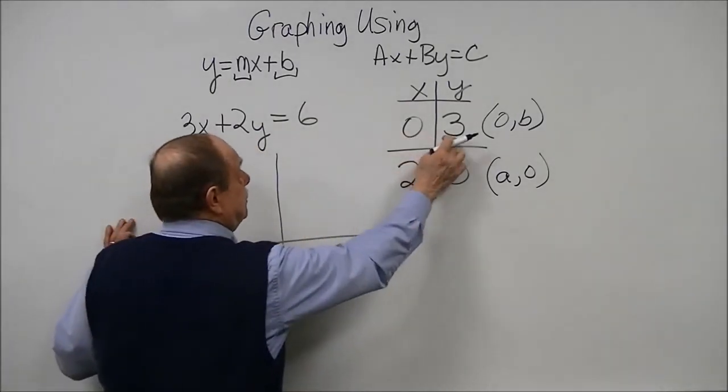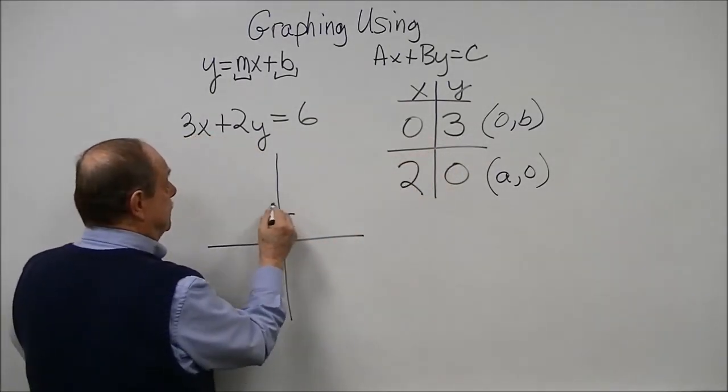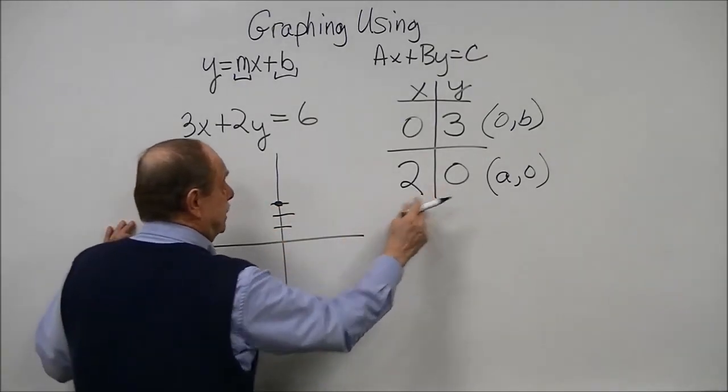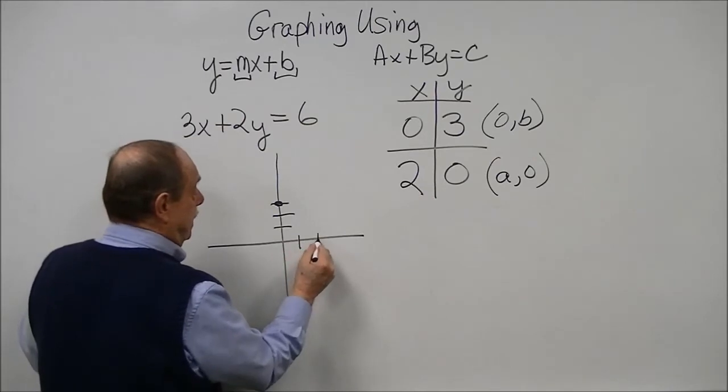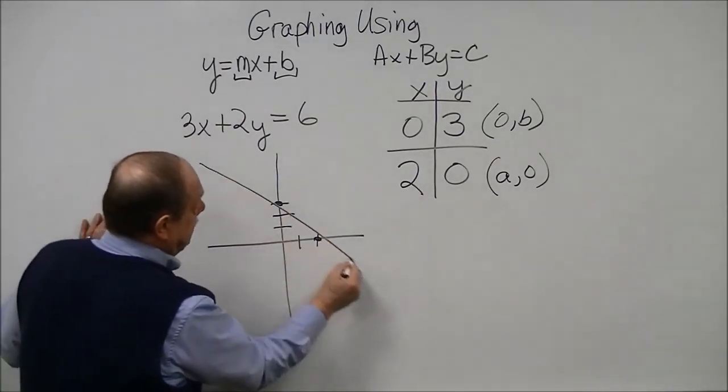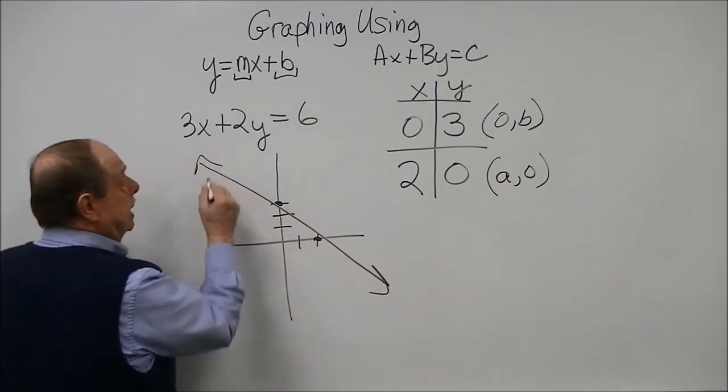So (0, 3) is 1, 2, 3. That's your y-intercept. (2, 0) is your x-intercept. And then there's the line.